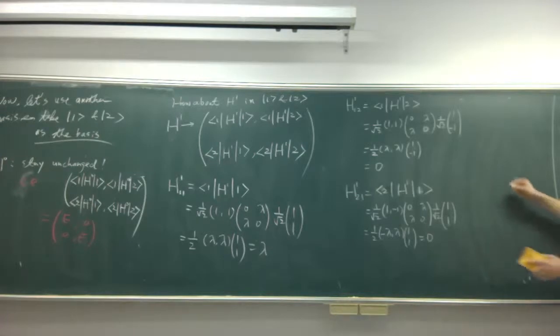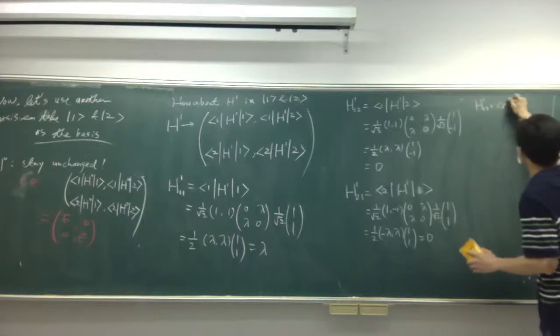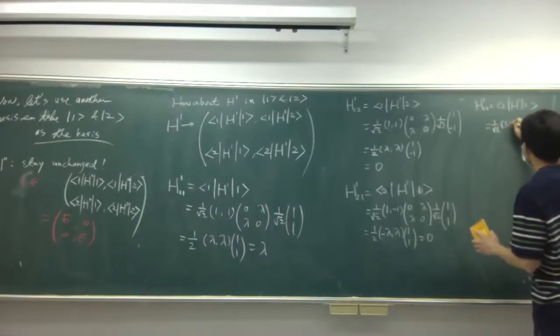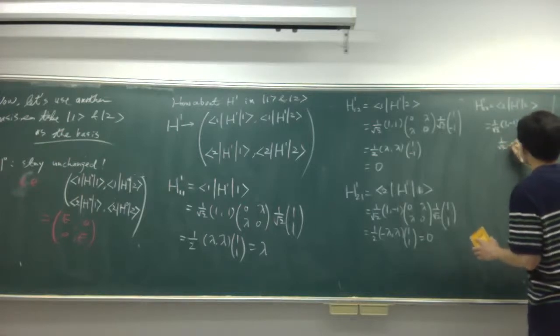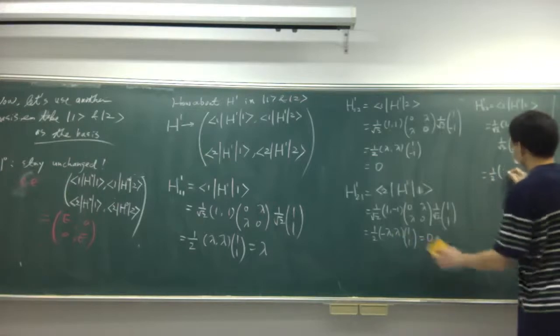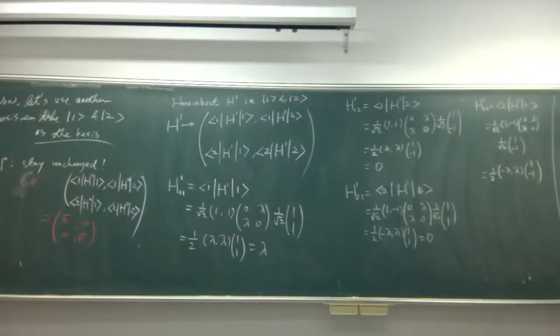And then, finally, the two component, <2|H1|2>, so 1/2 times (1, -1), 0 lambda lambda 0, times (1, -1), equals 1/2 times (-lambda, -lambda), what you got? Minus lambda.